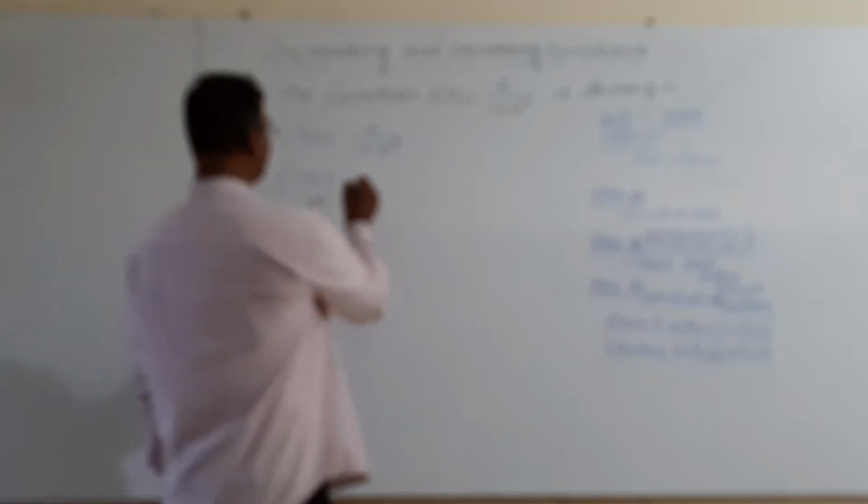Now find the differentiation. What do we observe? This is in the form of u divided by v. What do you call this rule? Quotient rule. What is the quotient rule?